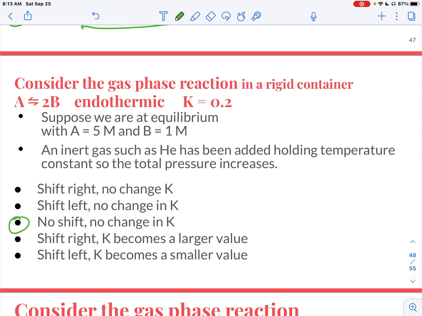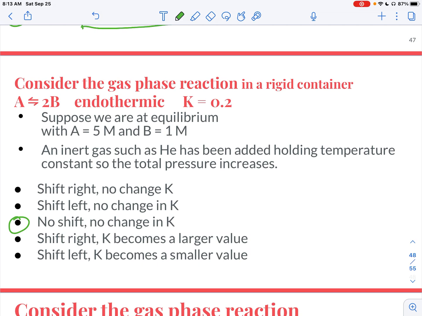So nothing, no shift, no change in K, nothing. The total amount will increase, the total P will increase, but we don't have total P in our equilibrium expression, right? We don't have total P anywhere. We have the partial pressures of the individual gases.